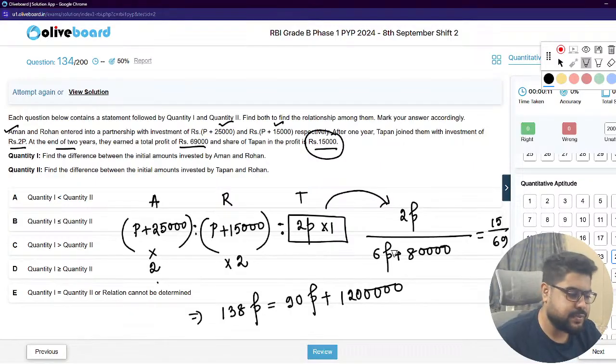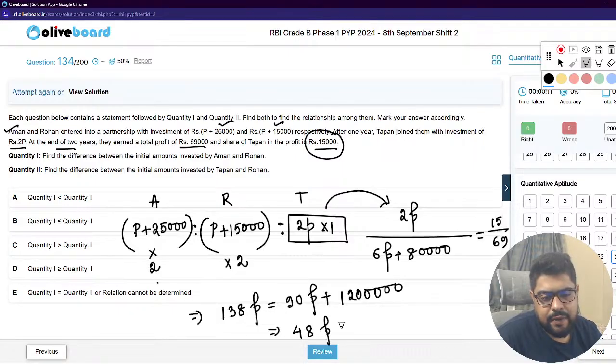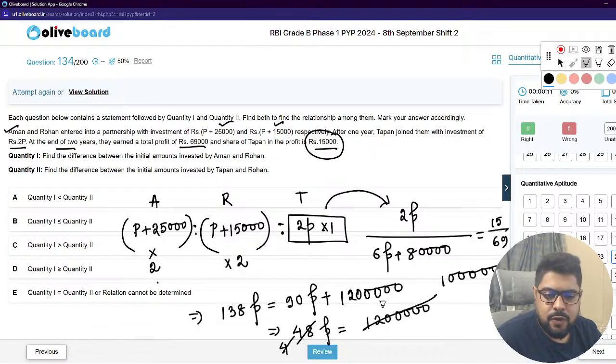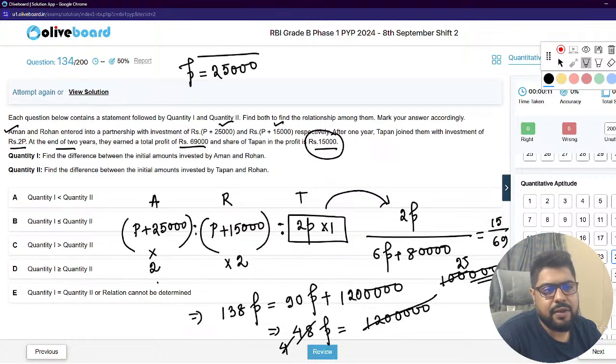Now from there I can say this is 48P equal to 120, 1, 2, 3, 4. So 12 fours are this, 12 ones are this, 1 lakh, sir. So 4 25s are this, so 25,000. So the value of P comes out to be 25,000 rupees.